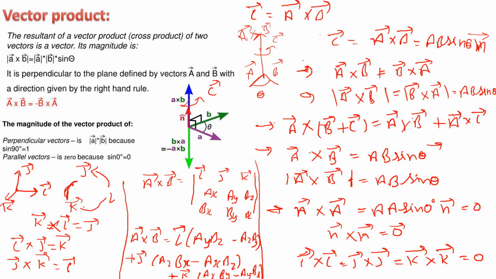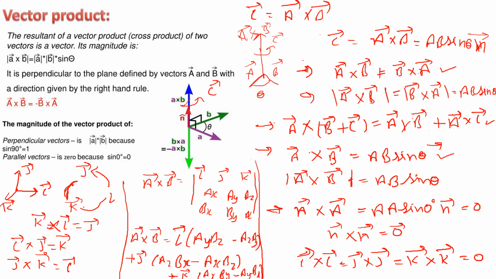We also discuss some properties here. First, the vector product of two vectors is always a vector perpendicular to the plane containing the two vectors. Second, the vector product of two vectors is not commutative, meaning A vector cross B vector is not equal to B vector cross A vector. Third, the vector product is distributive: A vector cross (B vector plus C vector) is equal to A vector cross B vector plus A vector cross C vector.